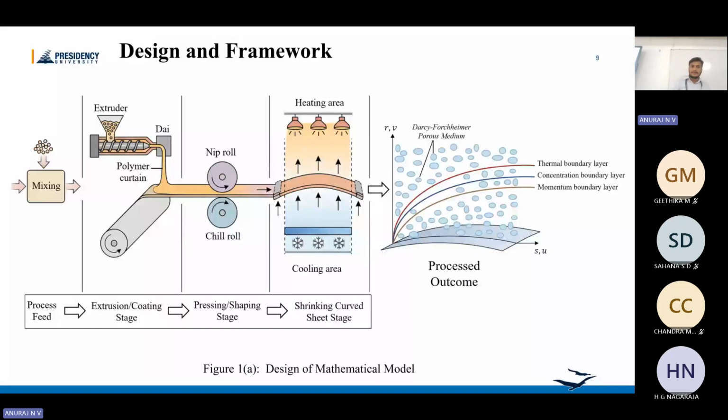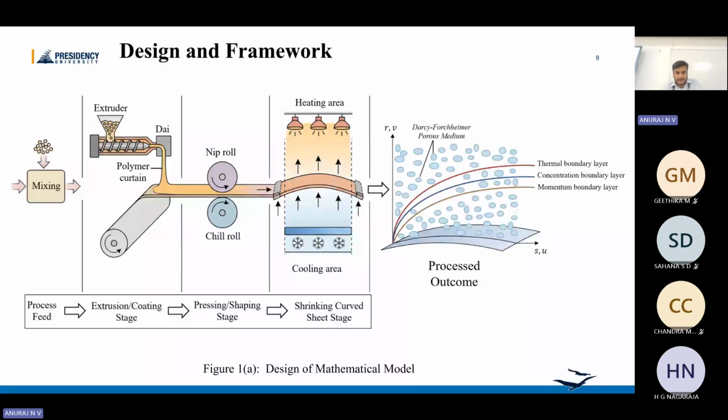This is the major application of my model: the production of polymer sheets in industry. This involves four stages: process feed, coating stage, shaping stage, and curved shrinking stage. At the start, we include the chemical compositions in the extruder, and in the process feed mixing the compositions become a liquid form.